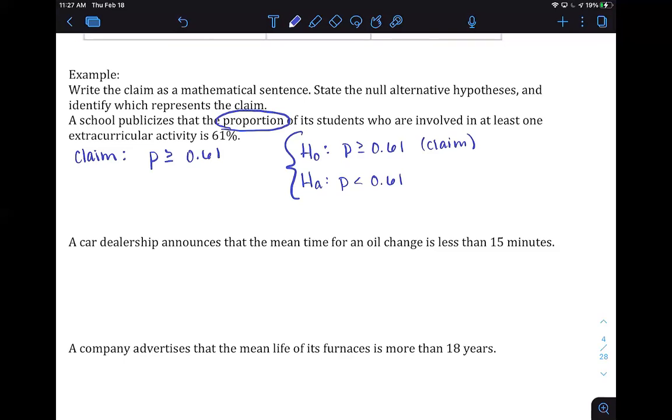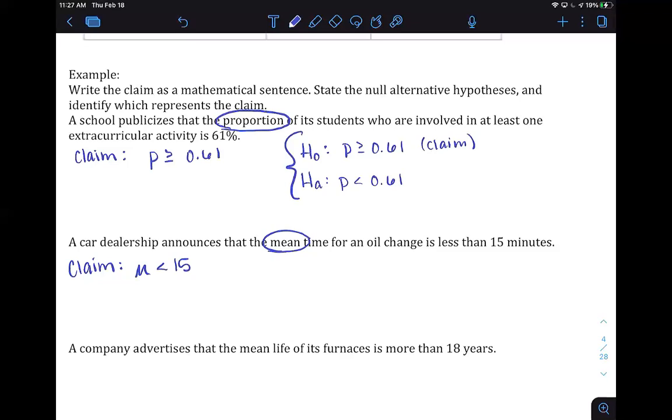Second one, a car dealership announces that the mean time for an oil change is less than 15 minutes. So we know our claim is based off of our mean, so we're going to use mu. And mu is what? Less than 15. So less than, is that going to be your null or your alternative?